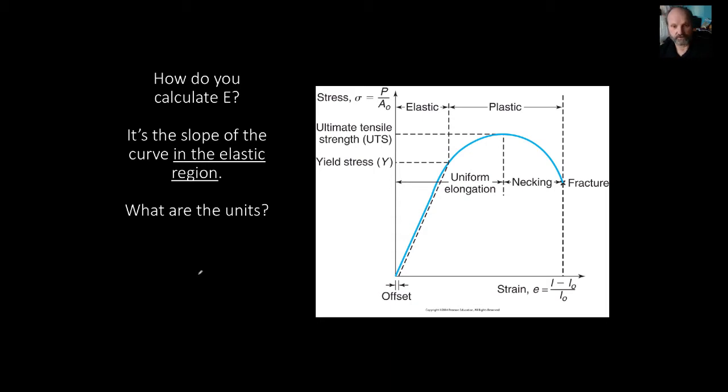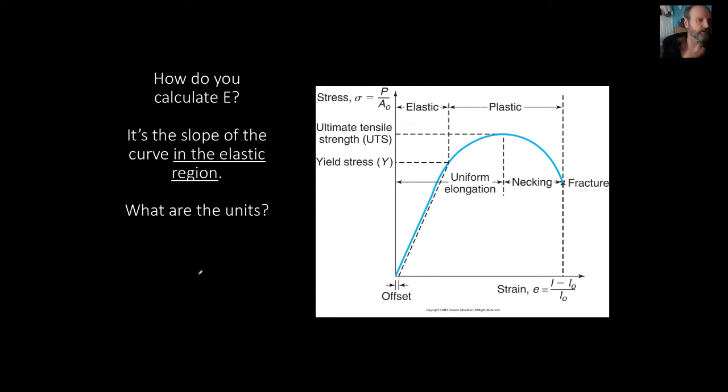It's a pressure unit. When I first learned about this, it was really confusing to me that a material property is in units of pressure. As a physicist at the time, it was kind of weird that a pressure unit is a property of a material.